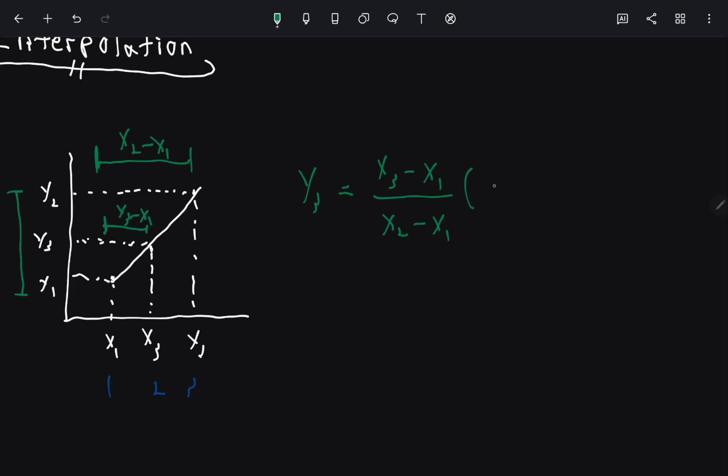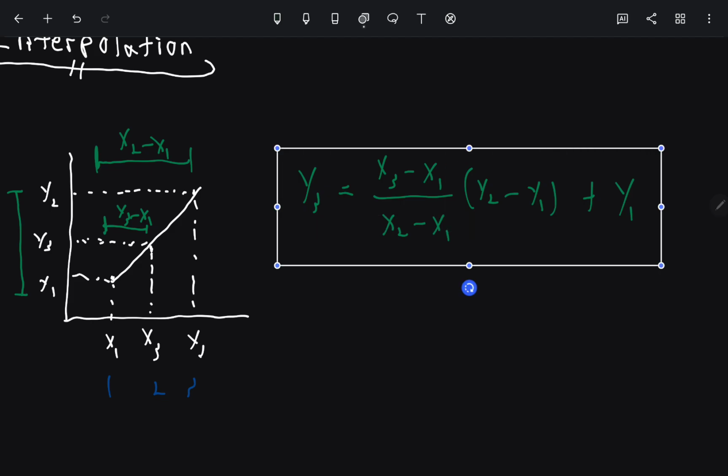So we just multiply this by y2 minus y1. To get the final y value, though, you have to add the initial y, so that's just y1. And that is the interpolation formula.